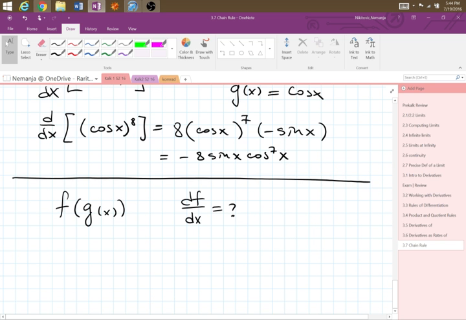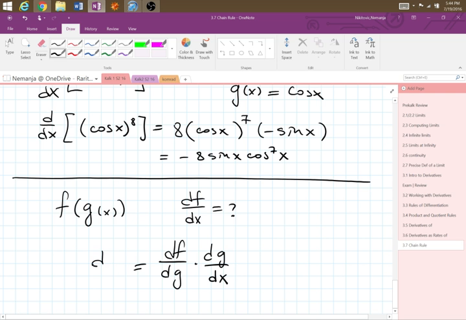Well, there is this chain which we can write as derivative of f in respect to g times the derivative of g in respect to x. And you see that these dg's cancel and you just get df dx.